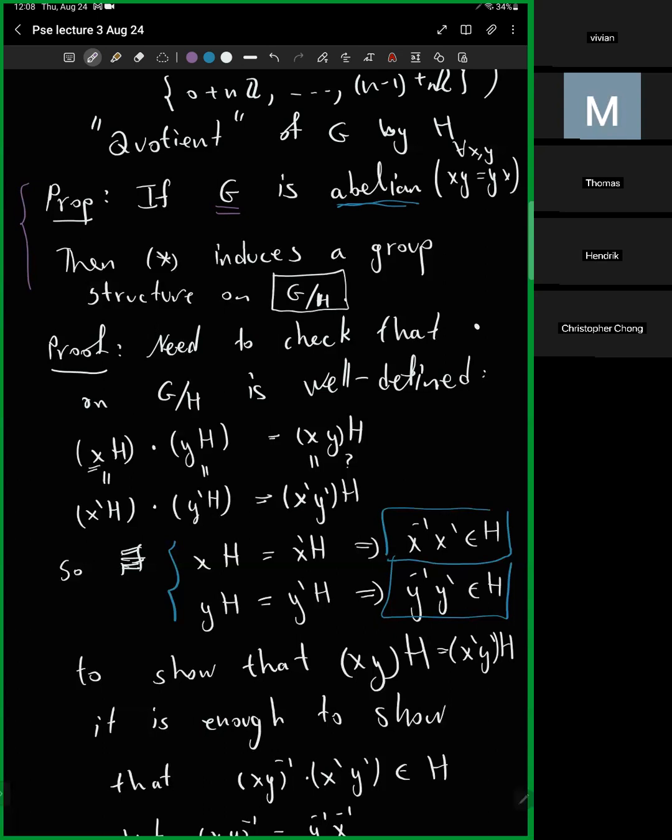So I think it's a good compromise to skip this complication of the non-abelian case and just do it like this. Okay, thanks.